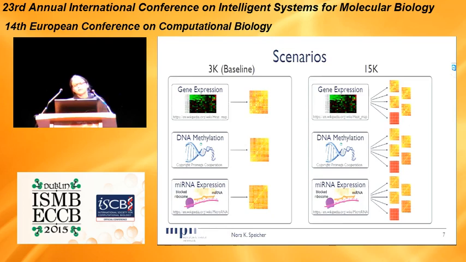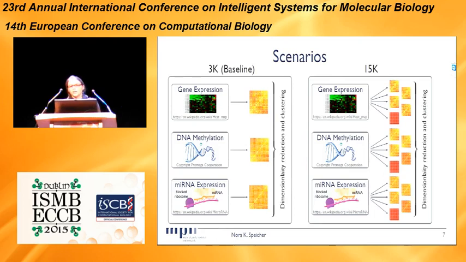For the 15K, we generate 5 different kernel matrices per data type, and this simply serves to try to understand if the method is able to do the weighting correctly. So for the 15K scenario, we also have kernel matrices that contain mainly noise, which should then be downweighted and not influence the final result strongly. The dimensionality reduction and clustering step is the same in both scenarios.